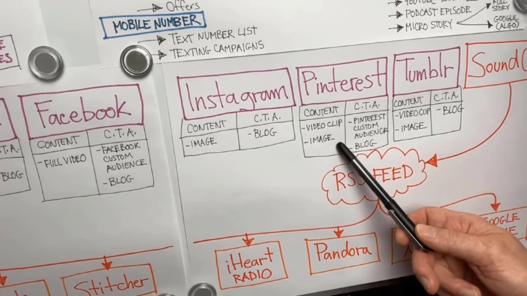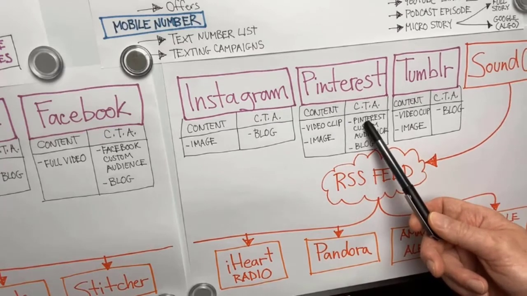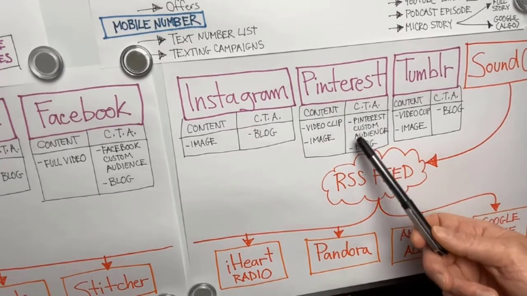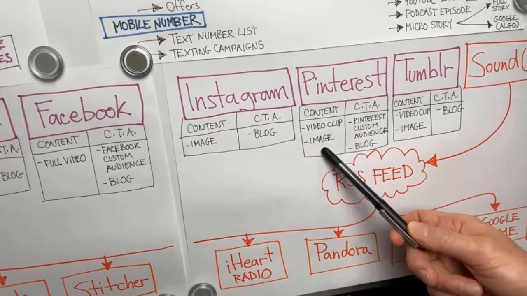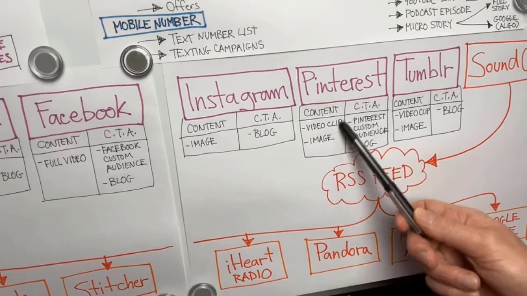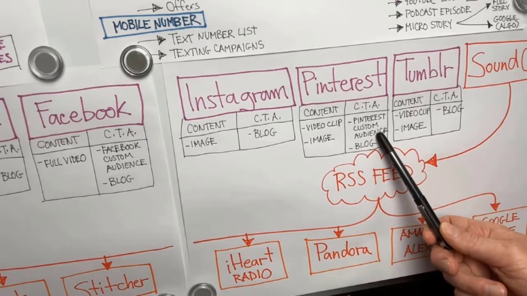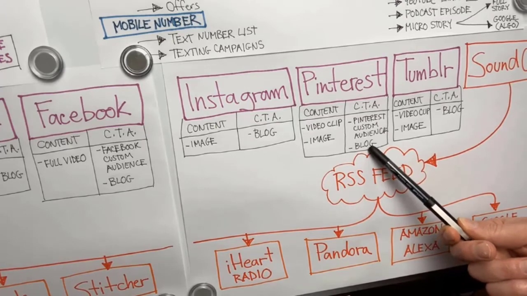This is any action they take. If they blow up your picture on Pinterest, boom, they fall in there automatically. So really, if they tap or click on any of your content, they don't need to click your blog link. They automatically fall in your Pinterest custom audience. And we also have a blog call to action that they can also click.